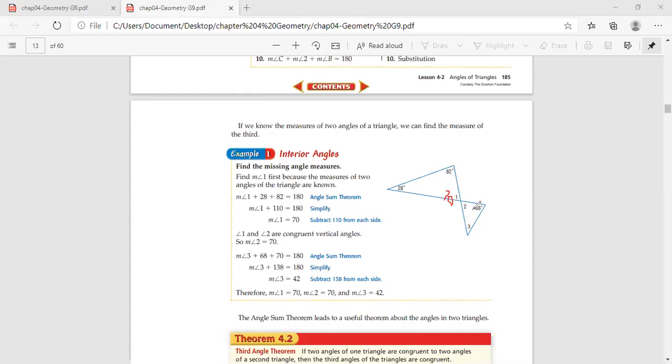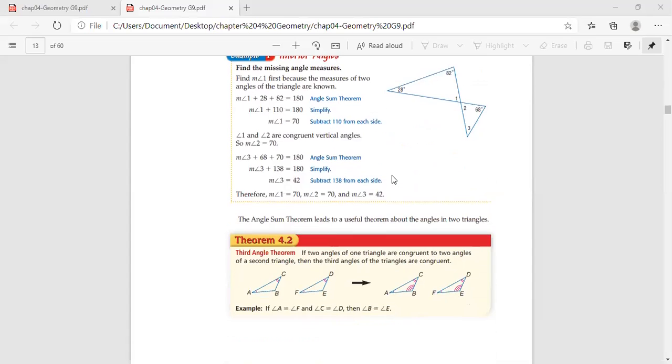By vertical angles, angle 2 equals 70, and we are going to work inside the other triangle, whose sum equals 180 degrees. So angle 3 plus 70 plus 68 equals 180 degrees. By the end, we find the missing angle, angle 3, equals 42 degrees. Any questions so far about this part?